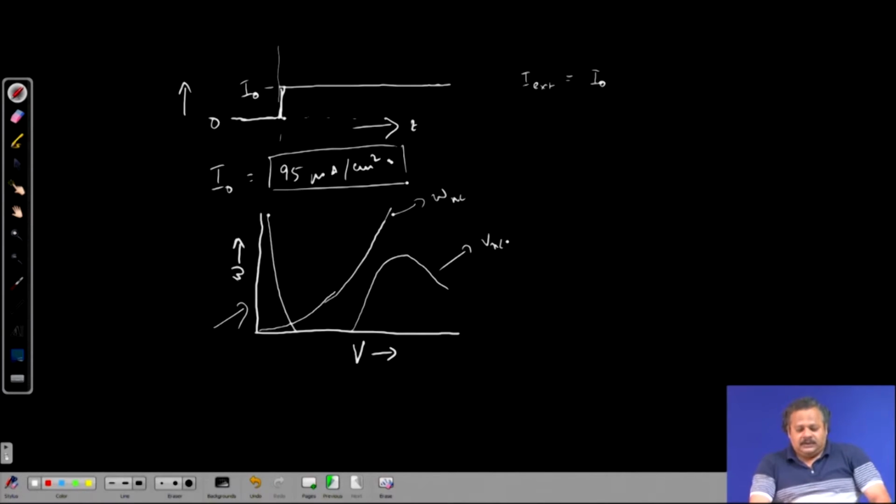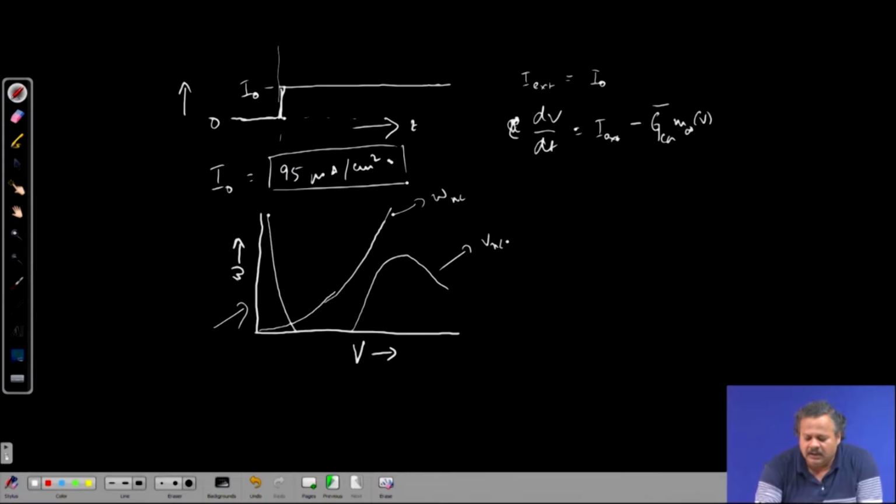Indeed, it will, because if you remember, our V nullcline comes from C dV/dt equals I external minus G calcium M infinity V minus E calcium minus GK W V minus EK minus G leak V minus E leak.